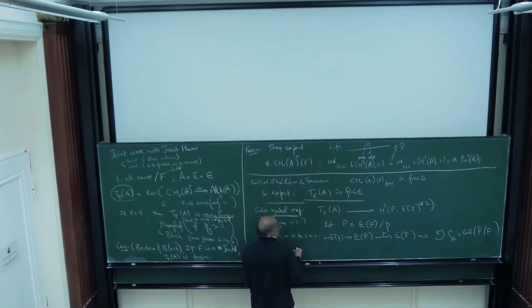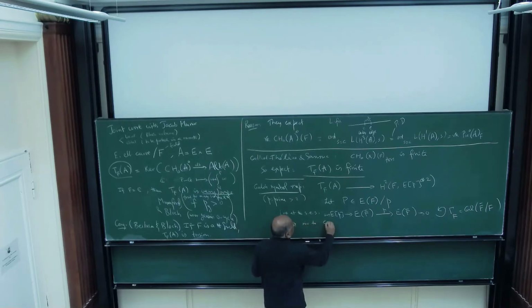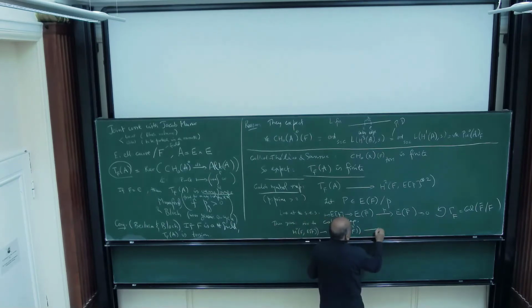This is a well-known Kummer sequence, and it gives rise to the cohomology sequence. So you get H0 of F, E of F bar, and of course this is just E of F, same thing here.